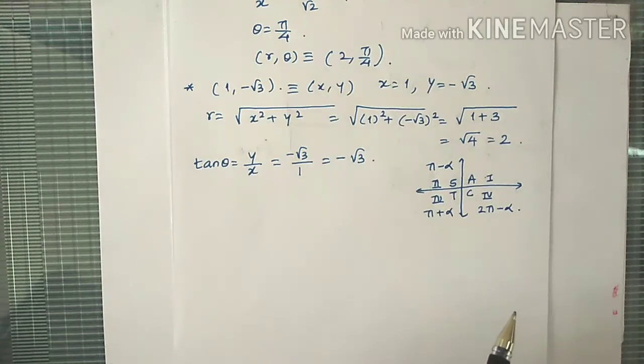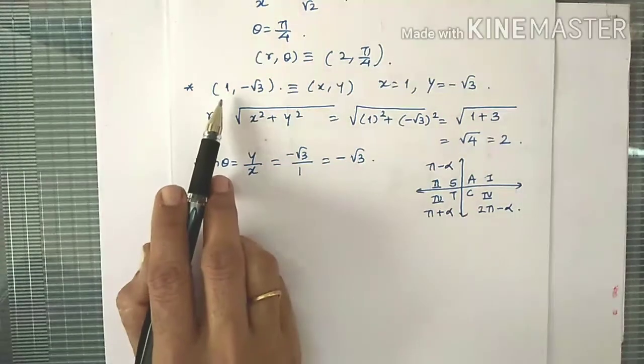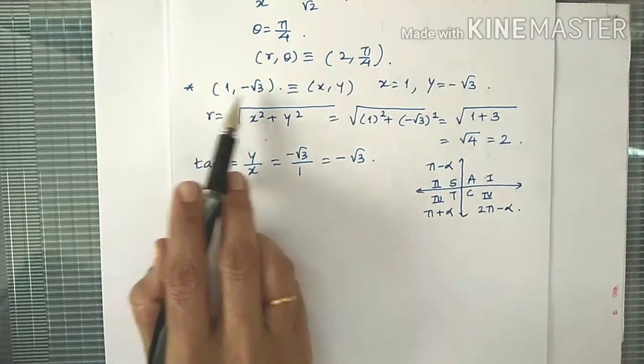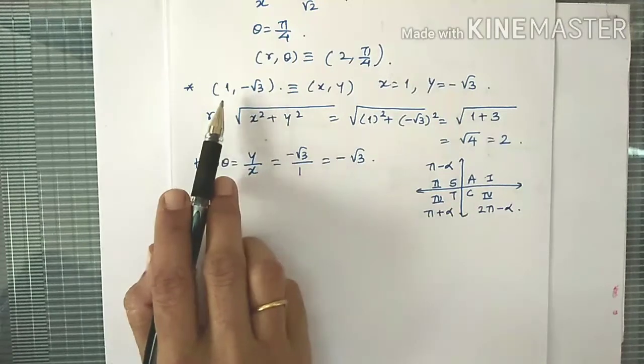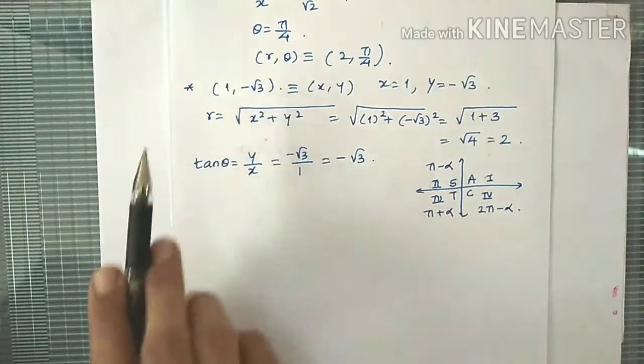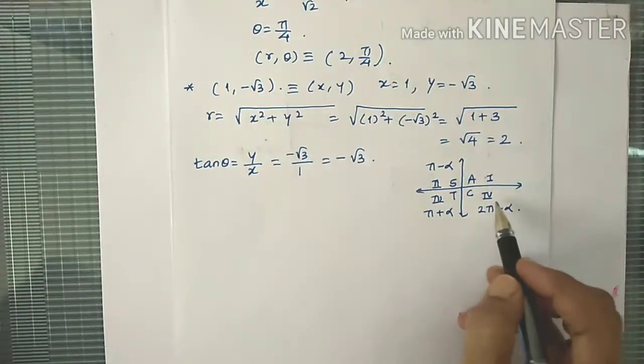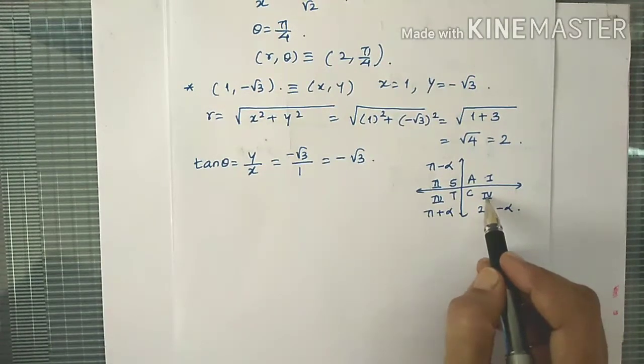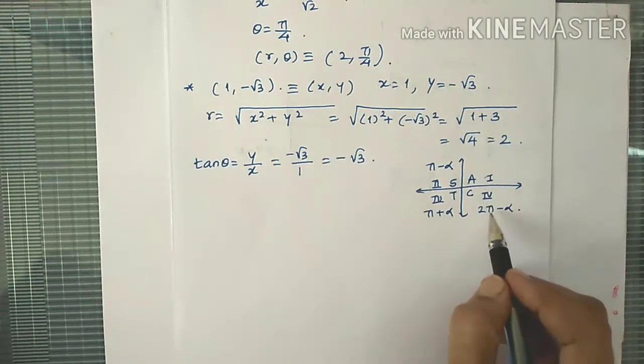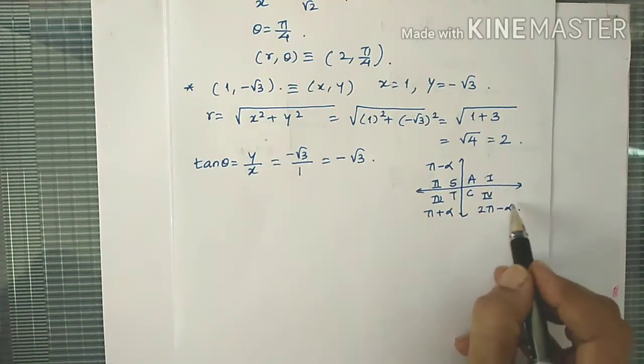Now find out the quadrant in which the point lies. The point has x coordinate as positive value and y coordinate is negative. That means it is plus minus. x is positive, y is negative. That means it lies in fourth quadrant.